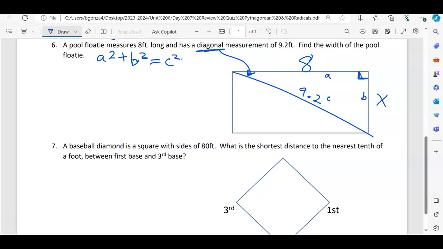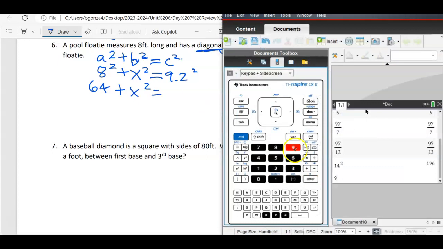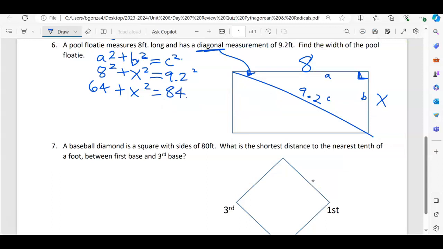Let's plug in what we know. 8 squared plus x squared equals 9.2 squared. Okay. 8 squared is 64. What is 9.2 squared? 84.64.